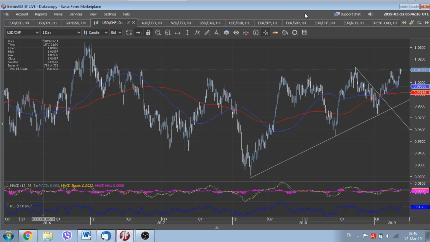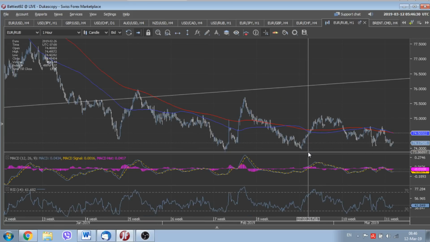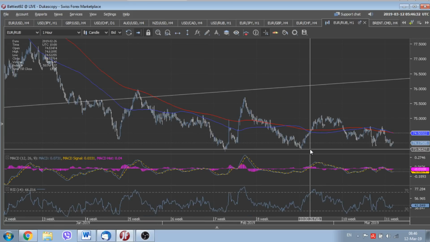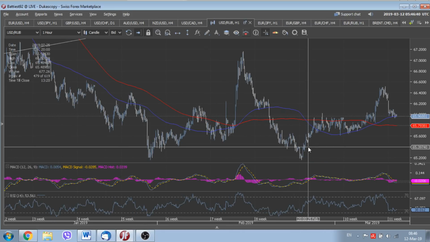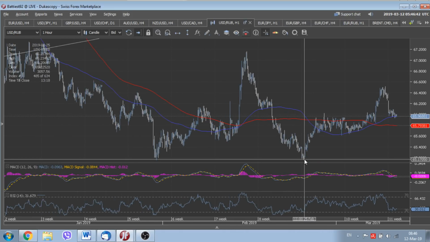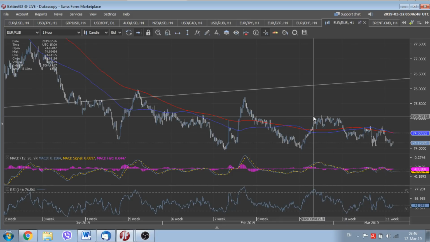As regarding some other pairs, let's take a look at the ruble crosses. Here as well the situation is under pressure, with supports under pressure in the euro ruble at 74 and in the dollar ruble at the level of 75, which is a little bit farther than in the case of euro ruble, because the euro currency remains under selling pressure overall against a lot of crosses.